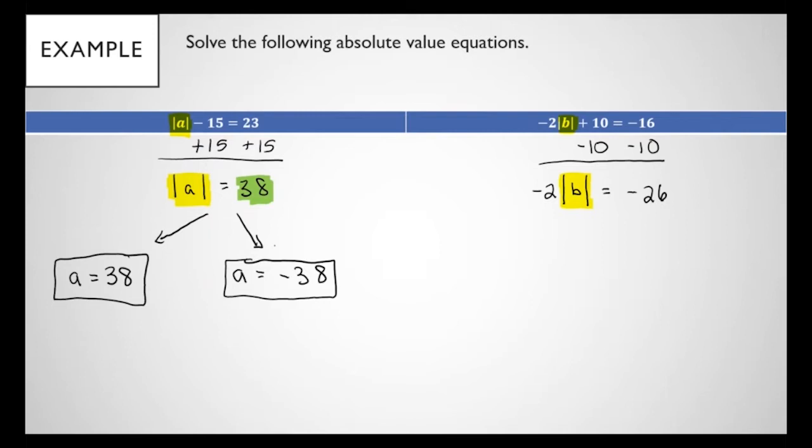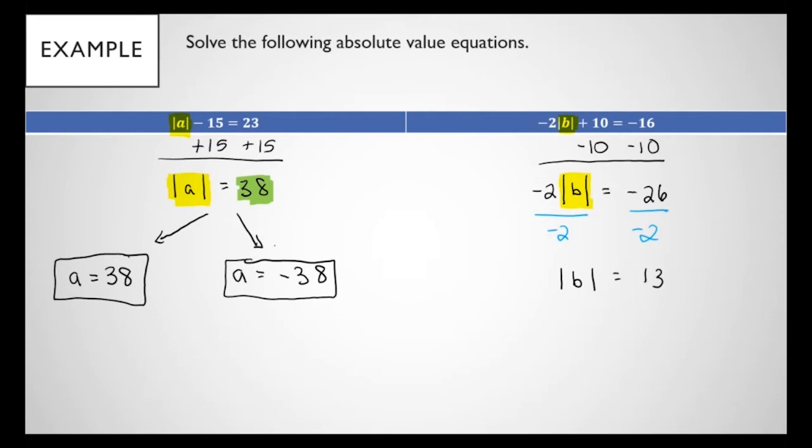So let's switch colors here. I'm going to divide both sides by negative 2. And that gives me the absolute value of B equals, and then we have a negative 26 divided by a negative 2, which comes out to a positive 13. So now we have our absolute value B equals 13.